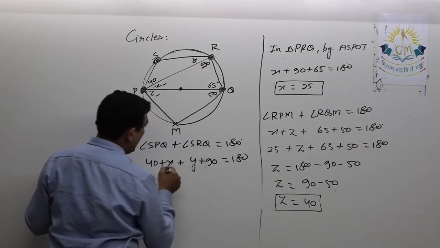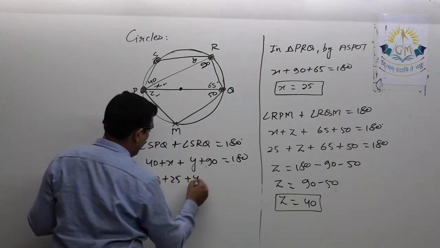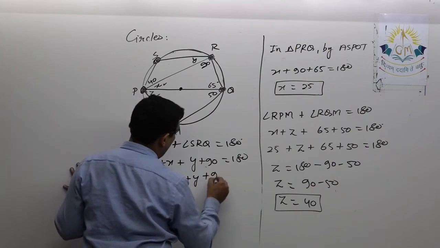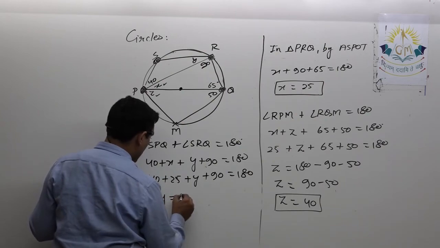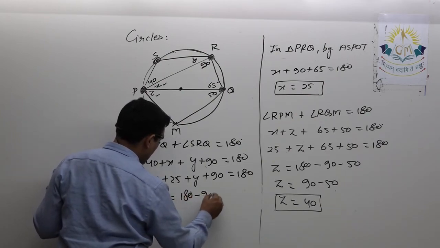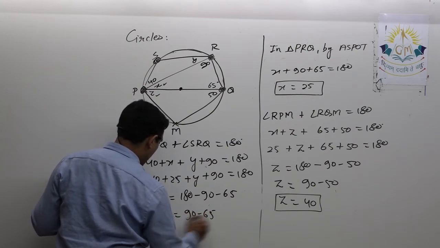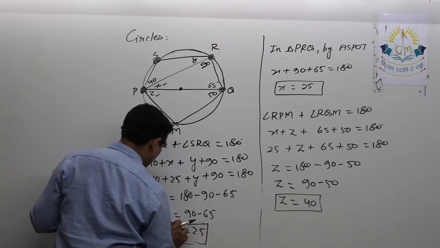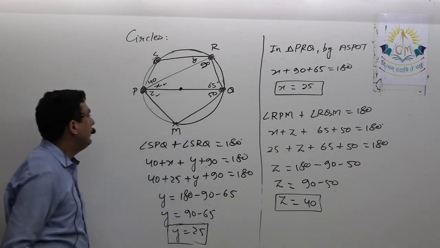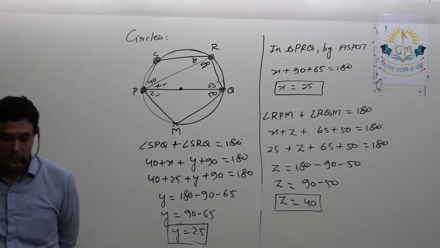Now X we have already, so 40 plus 25 plus Y plus 90 is equal to 180. So Y is equal to 180 minus 90 minus 65, so Y is equal to 90 minus 65, so Y is equal to 25. So here I also got the measure of angle Y. So if you have all the theorems, then it is possible to get the values of these unknowns.